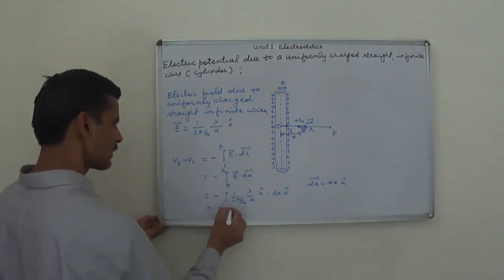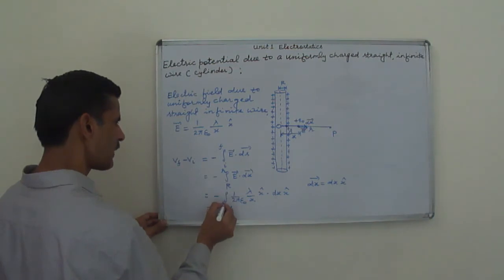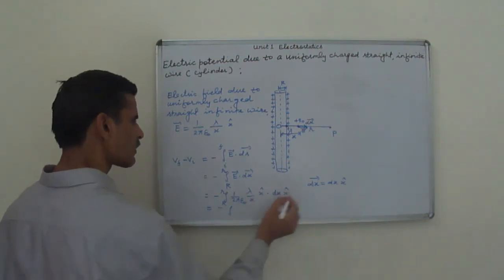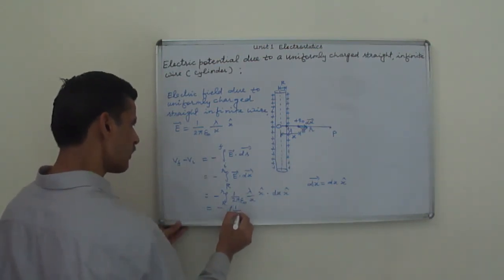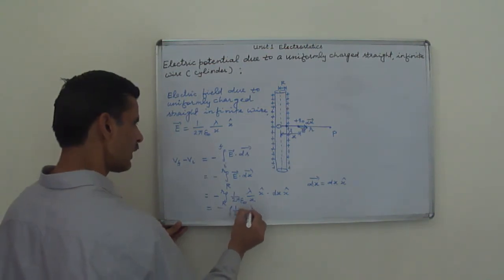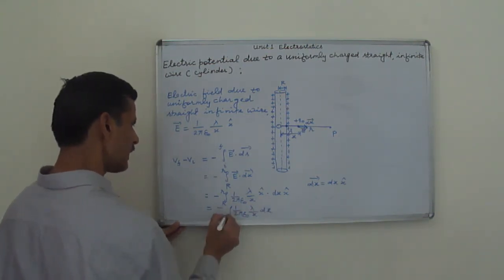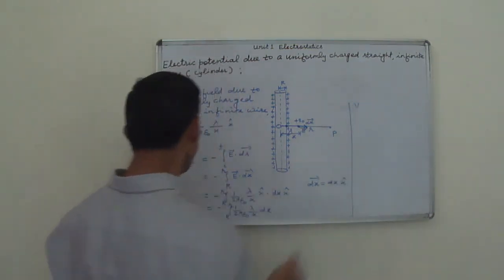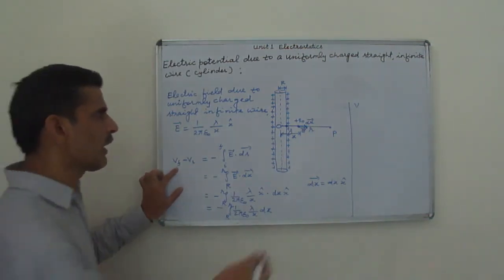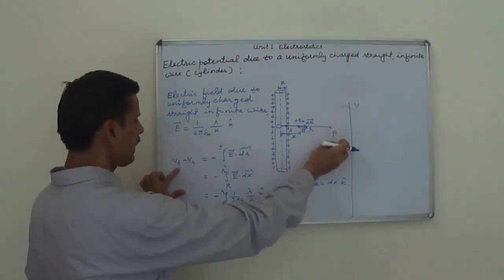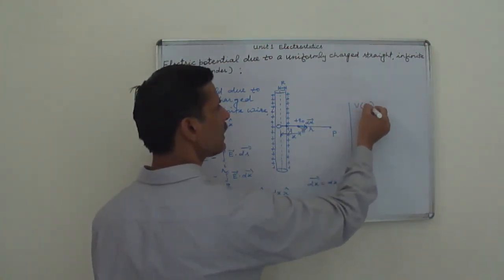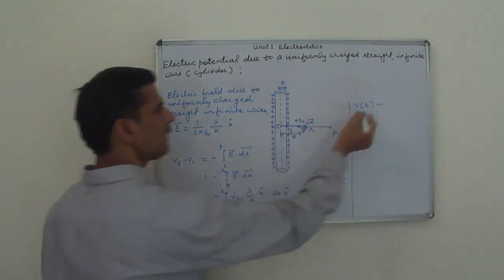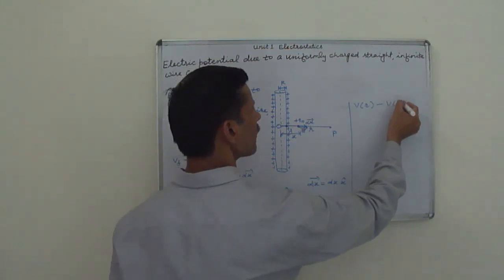So it becomes minus, limits are capital R to small r. So x cap dot x cap becomes 1, and here you have 1 upon 2 pi epsilon naught lambda upon x dx, limit capital R to small r. So Vf minus Vi. Now f point means point P, so here potential is V r. Vi means potential at point A, means V capital R.